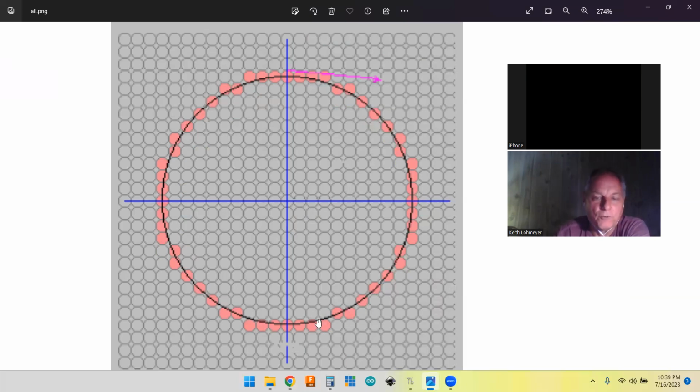So you either have one on here where it's next to each other or catty corner, diagonal from it. So there's always one. But if you made a big circle, of course our small screens aren't going to do that big a circle.